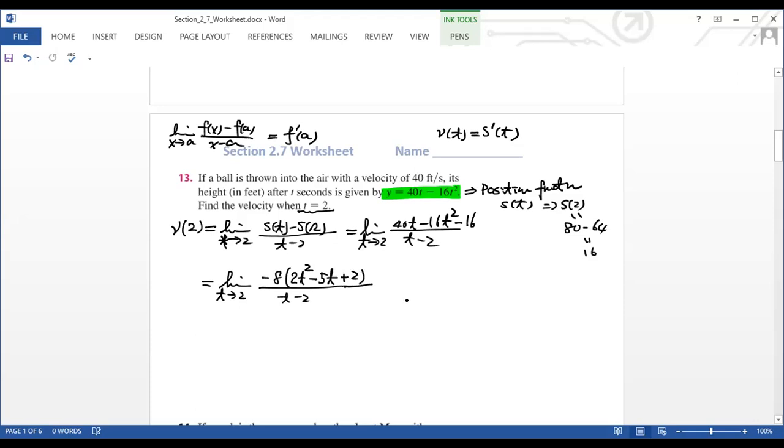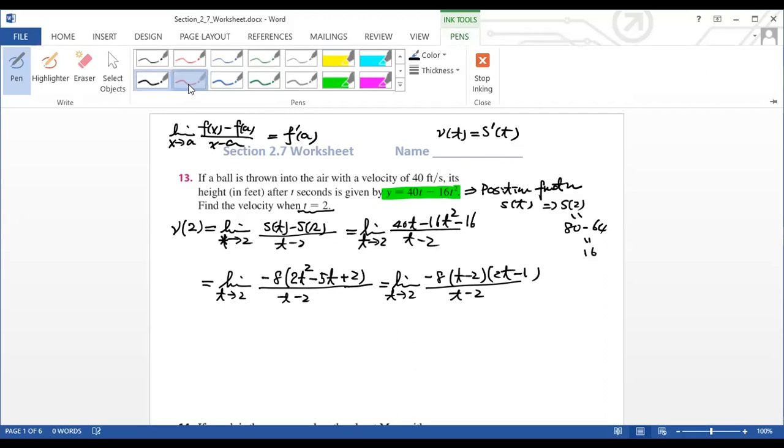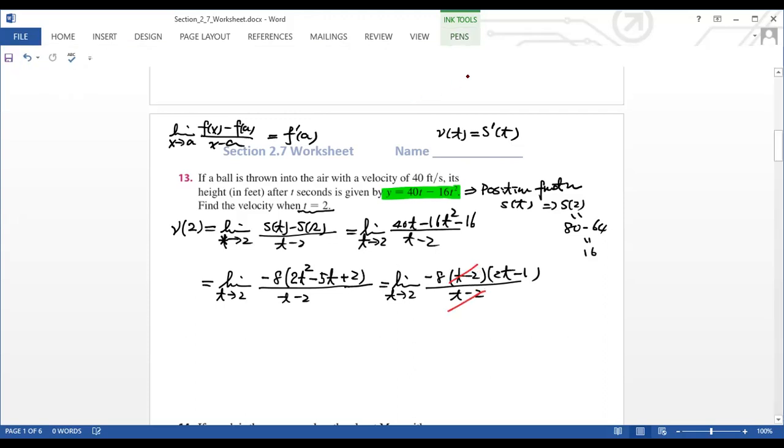Now you can factor that: the limit as t approaches 2 of t minus 2 times negative 8 times 2t minus 1, over t minus 2, and then you can cancel that out.